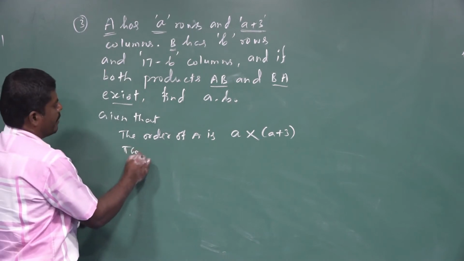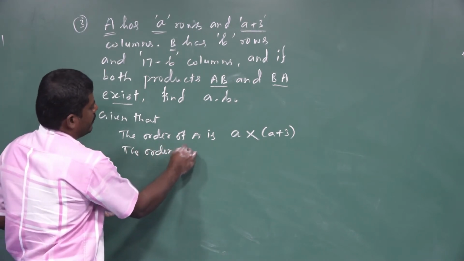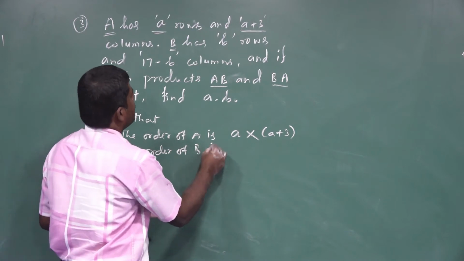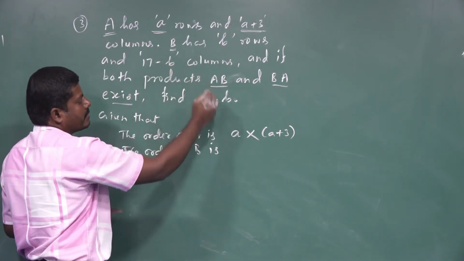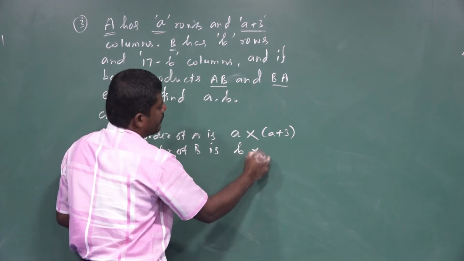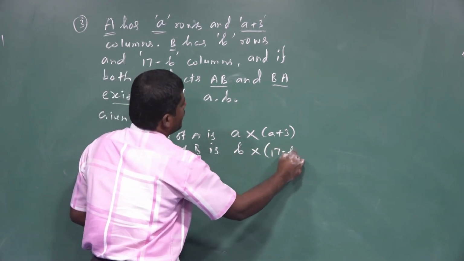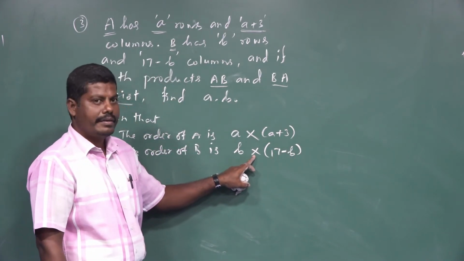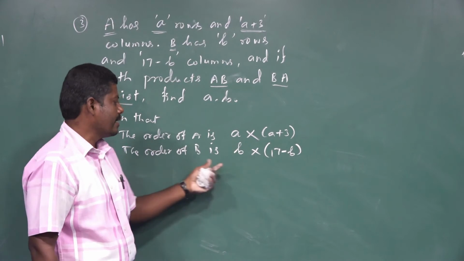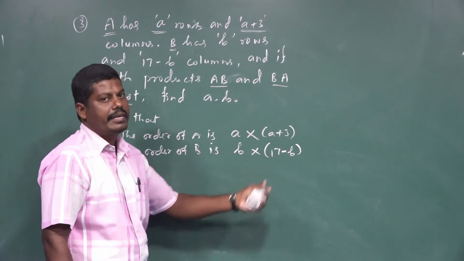Then the order of B is what? B rows and 17 minus b columns. So b rows by 17 minus b columns, number of rows by number of columns. The order of B is b by 17 minus b.